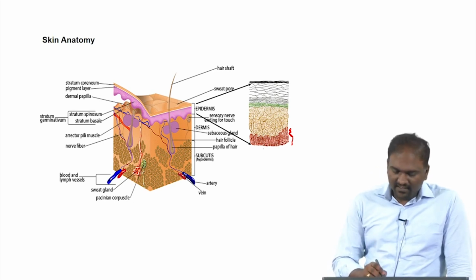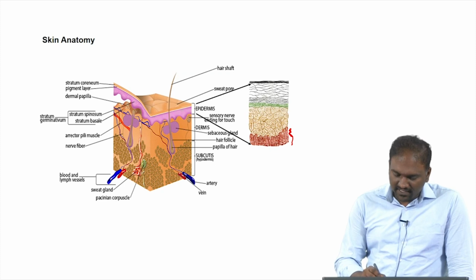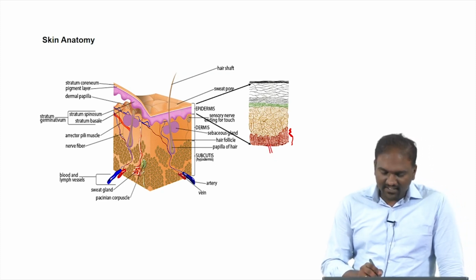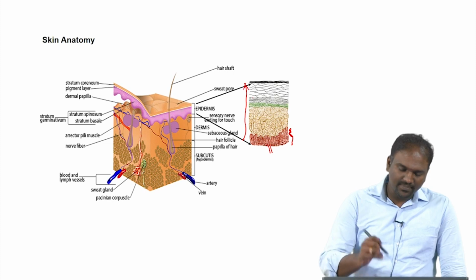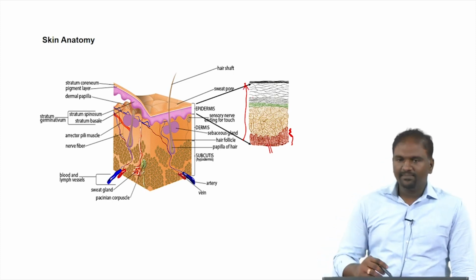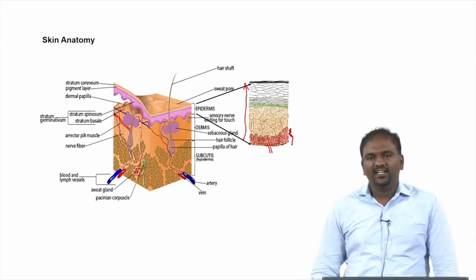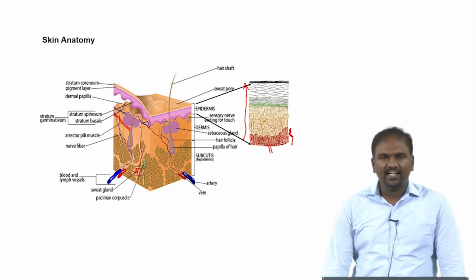Because of the blood supply coming from the dermis into the epidermis, the cells keep dividing, and the divided cells move toward the top. From the basal layer they go to the next layer, the stratum spinosum.